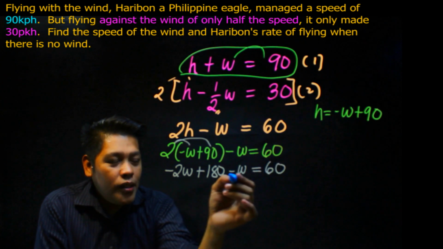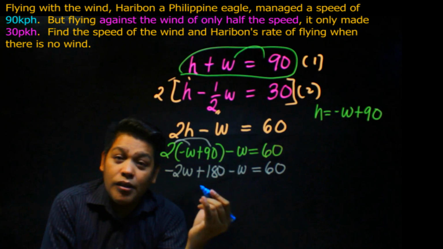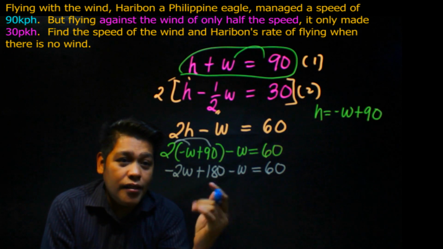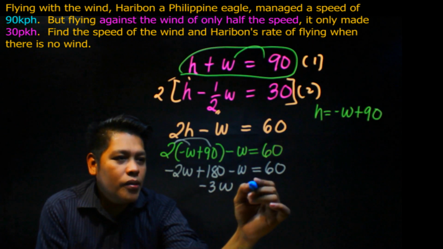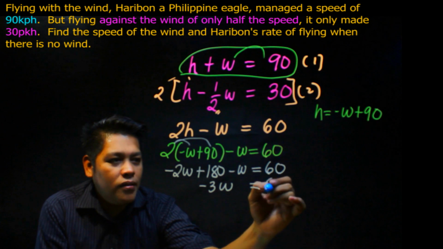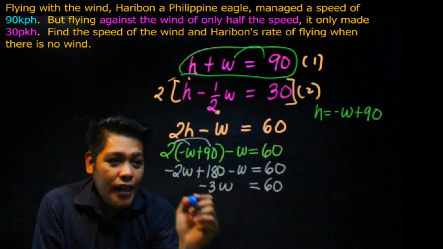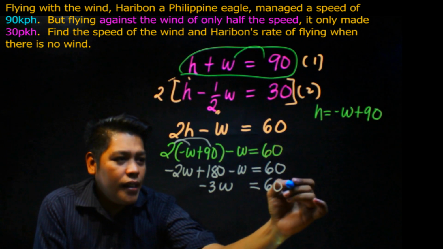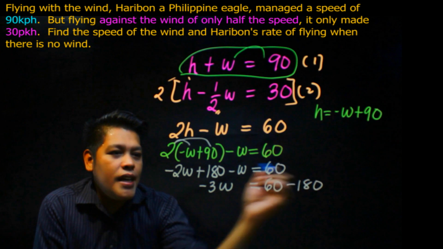So, negative 2W tas negative W. So, magkakaroon ka, adding like terms, negative 3W equals 60. Hindi natin lilipat yan. Ito yung lilipat natin, which is the 180. Pag nilipat natin doon is magiging negative 180.